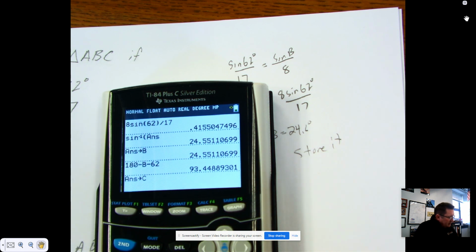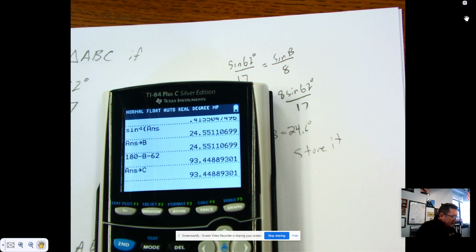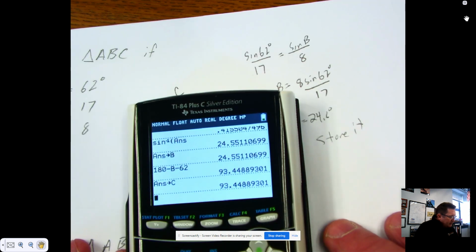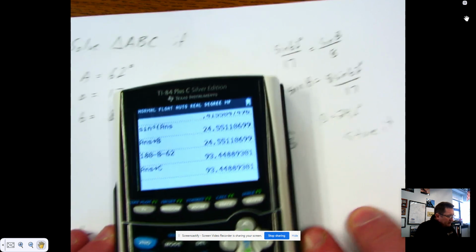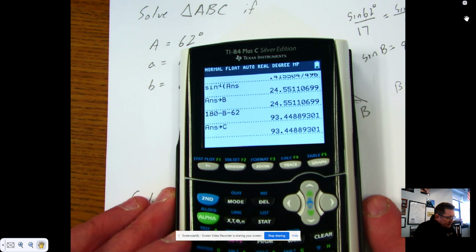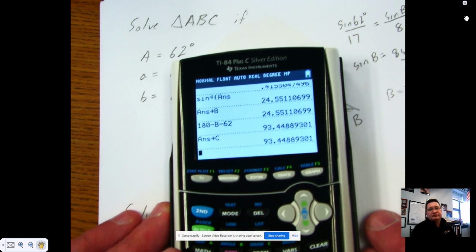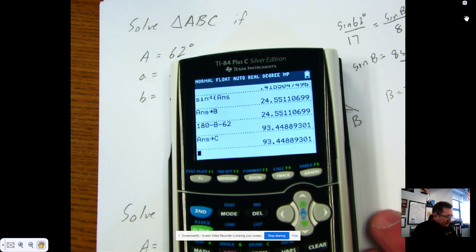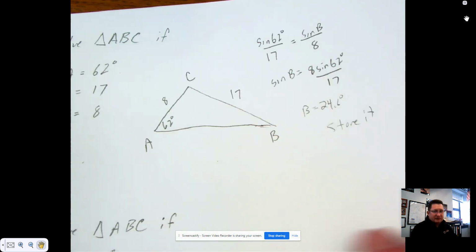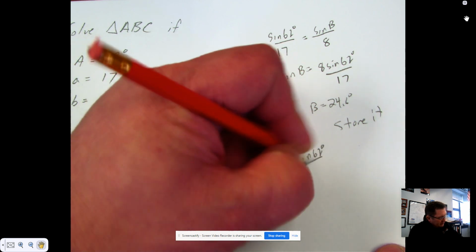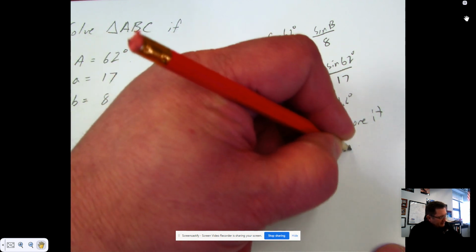Then what we would end up getting is a proportion that would say the sine of 62 over 17 would be the sine of C over little c.